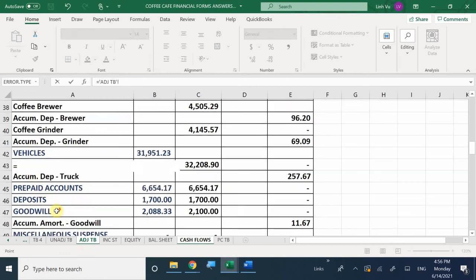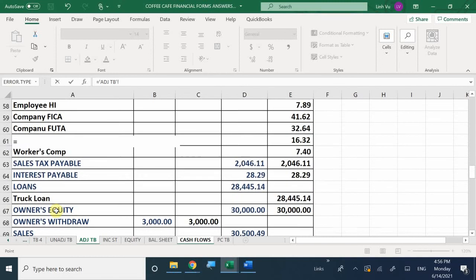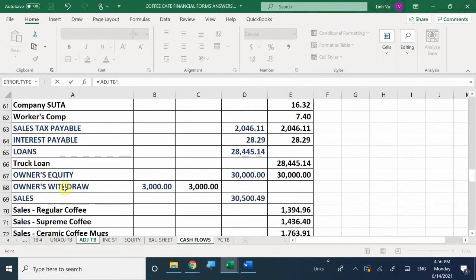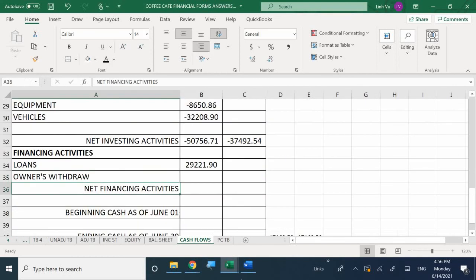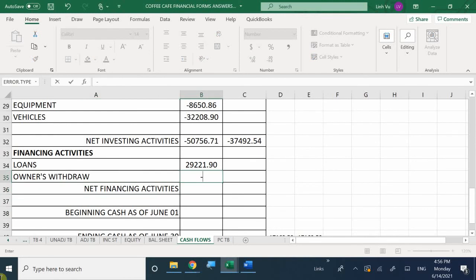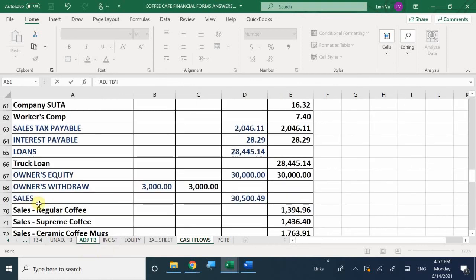So now we have to find my owner's withdrawal because that's money I took out from my company. That's money I don't have anymore. That's cash I took out. So in this case, it's going to be a negative $3,000.